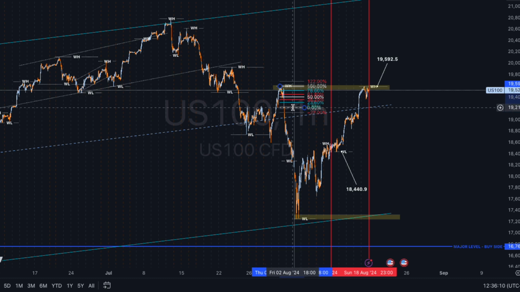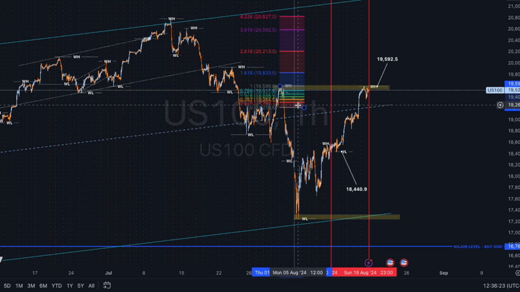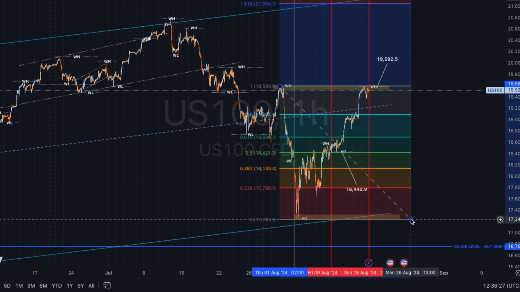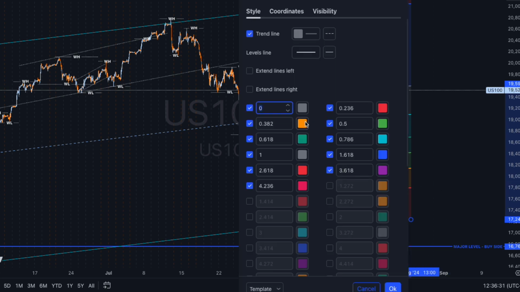So this is a custom fib that I've put together, but we're not going to be using that one. We're just going to use a standard default fib. And let's get rid of all of the unnecessary levels.